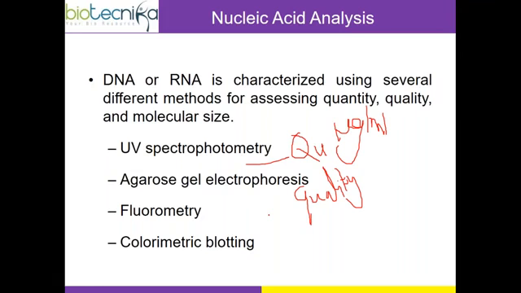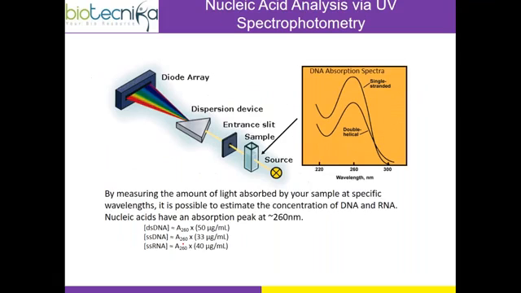So spectrophotometer is working based on the principle called Beer-Lambert's law. This is a specific setup of your spectrophotometer. So this is your light source. In between we are going to keep a sample.